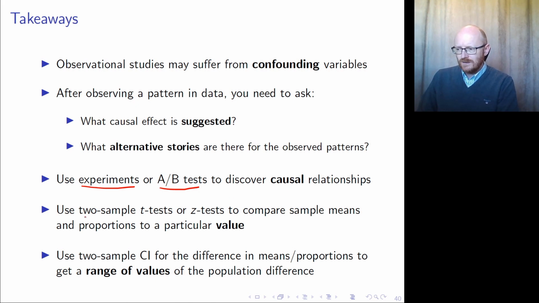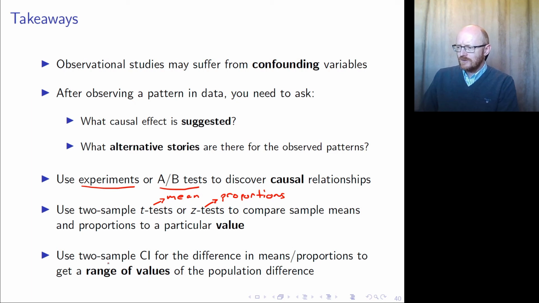You then use 2 sample t-tests or z-tests, t-tests for means and z-tests for proportions, and you test whether or not they are different from 0 or another value.